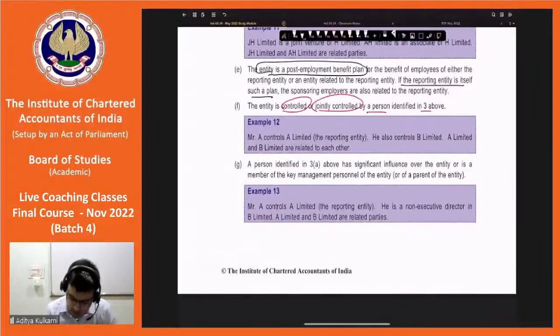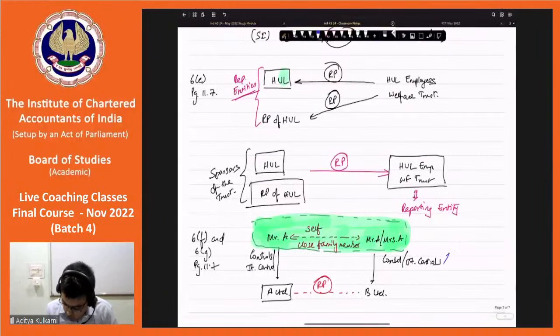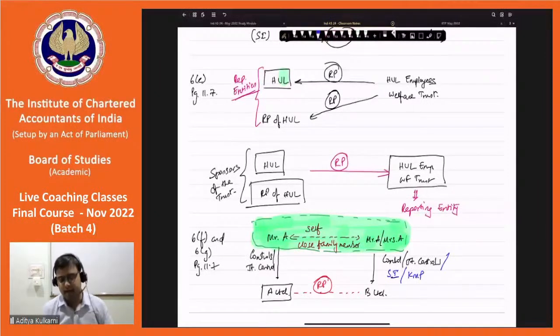Okay. Or a person identified in 3 above has significant influence over the entity or is a member of the key managerial personnel. So he could either be having a significant influence on B Limited or is a key managerial personnel. Okay. So if this is the situation, then we can say that A Limited is related to B Limited or B Limited is related to A Limited.